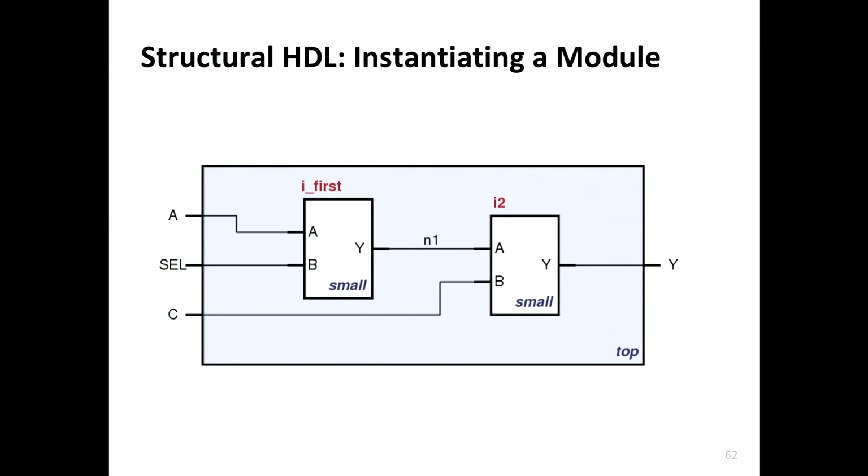You have a bunch of input signals, A, select, C, and an output signal, Y. You know exactly how you are going to connect this small module with this small module, and how the output of the first small module is going to be connected directly as an input to the other small. So you know the structure of the circuitry, and you can directly state this in your hardware description language. And how would you do that?